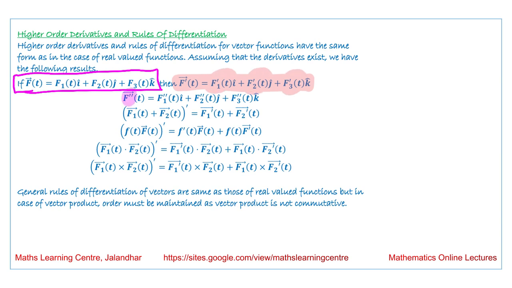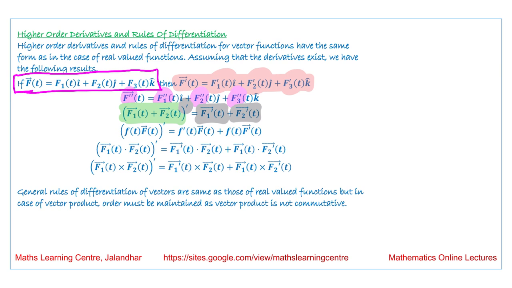When we differentiate it twice, the components are differentiated twice. Next, if we have the sum of two functions, the derivative is the sum of the derivatives of the two individual functions.